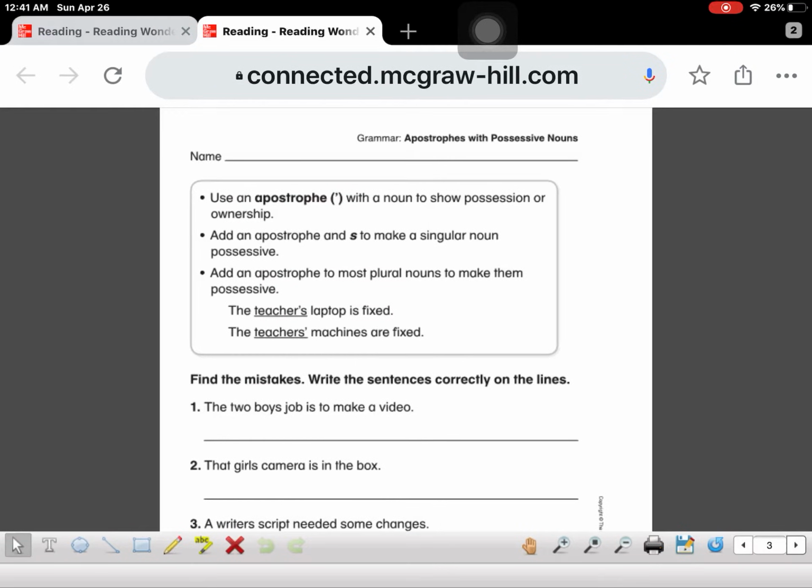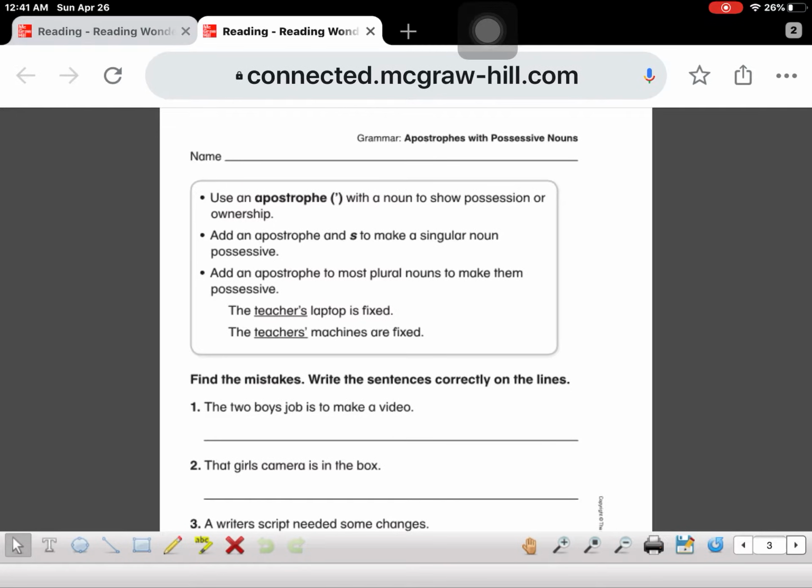Okay? Now, if you look back up at that sentence above it, when we're talking about the laptop, there's not an S at the end of laptop. Do you see that? So laptop is singular. So we have to make teacher's an apostrophe S because the laptop belongs to just one teacher.